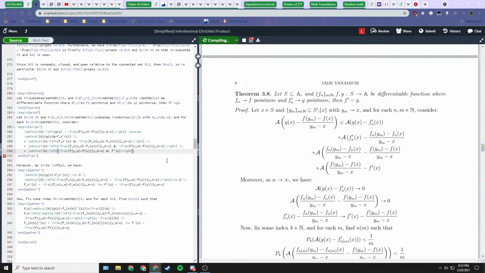Yeah, why am I missing parentheses? What the heck? It's on every single one of these. Oh, I see. It's the second line, I think.